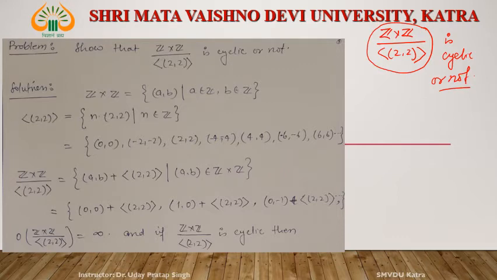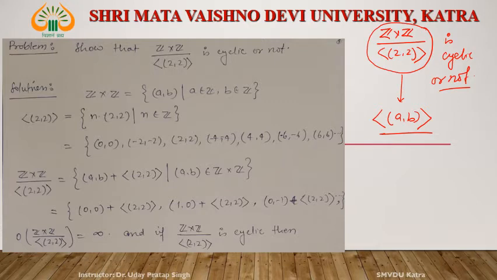This we have to show, whether this factor group is cyclic group or not. If it is cyclic group, then all the elements of Z cross Z divided by H are generated by one element, right?